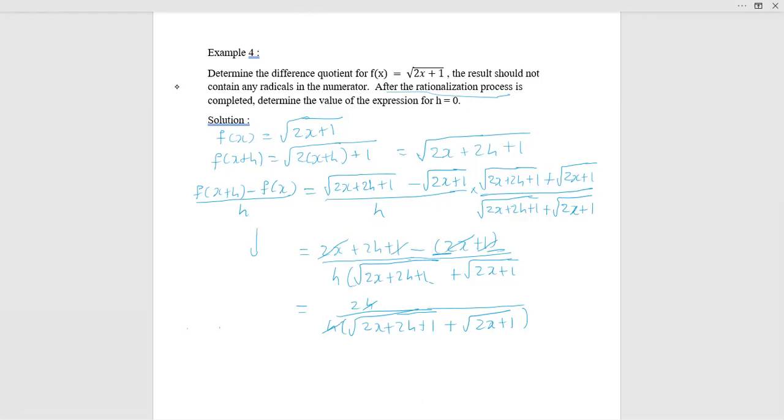Now we get 2 over square root of 2x plus 2h plus 1 plus square root of 2x plus 1.